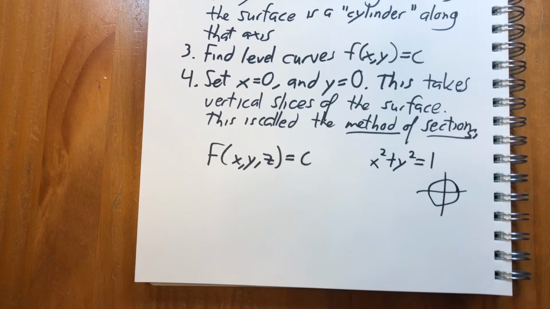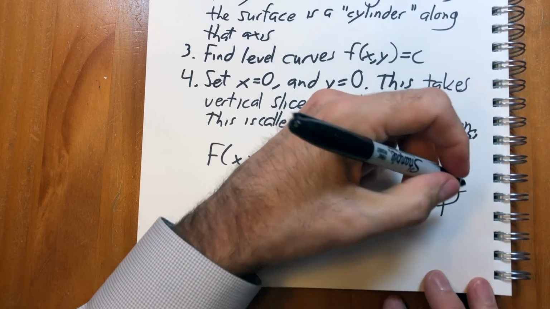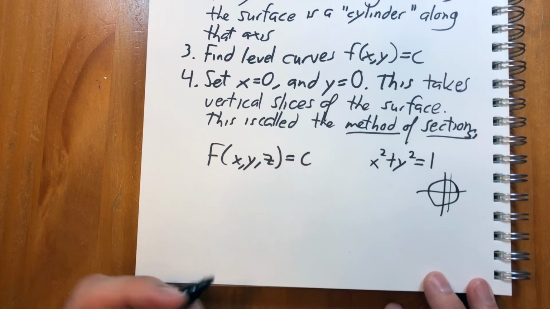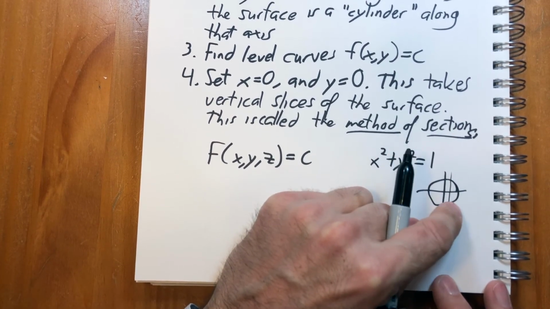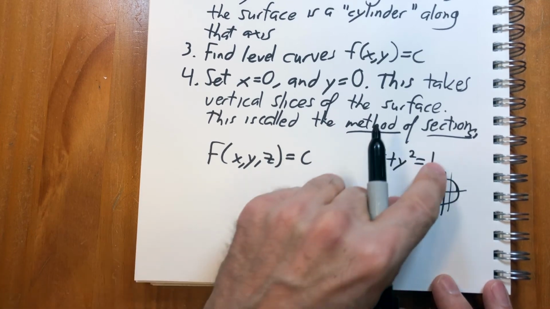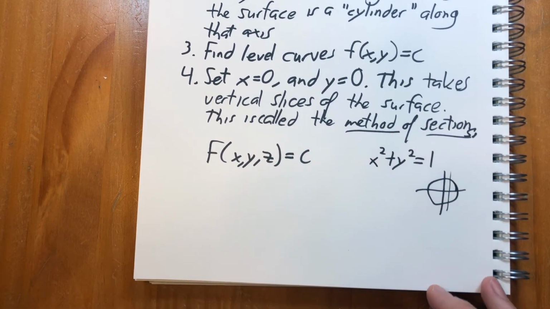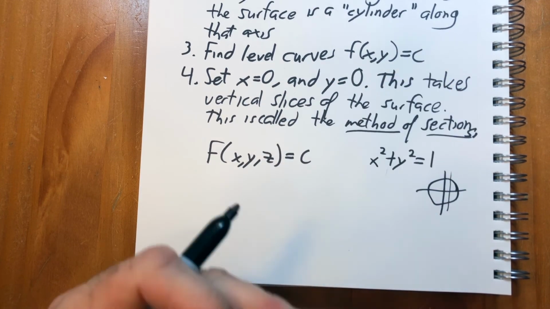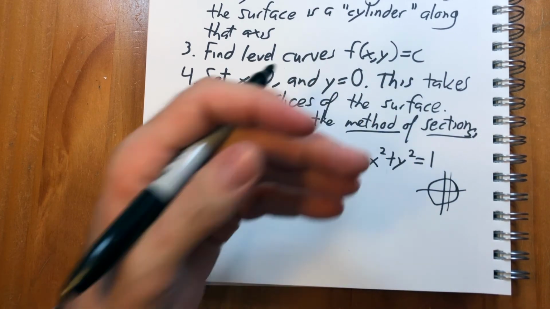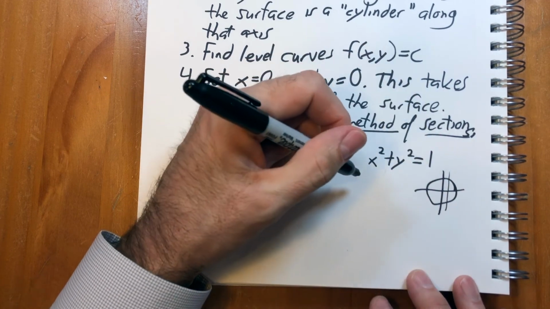So the way that we learned what a function is, where it has to pass the vertical line test, a circle doesn't pass that because it has two values of y for each value of x. So this is called an implicit function because it implies a shape without really being a function in the sense that you have inputs and outputs.